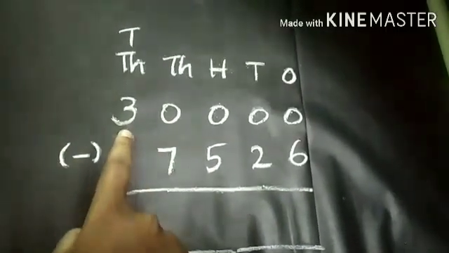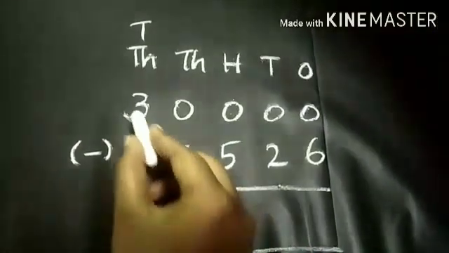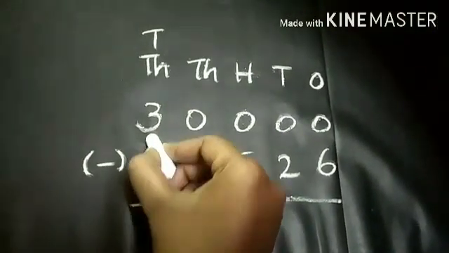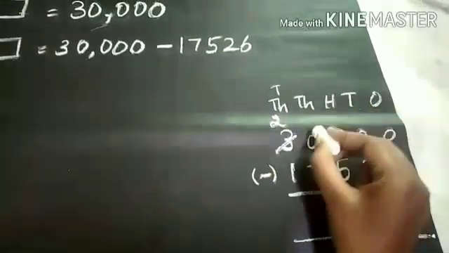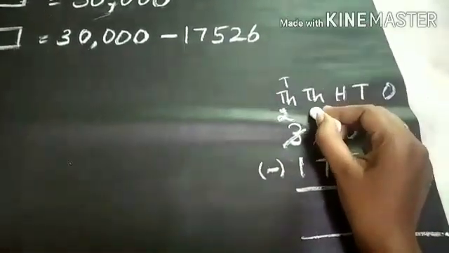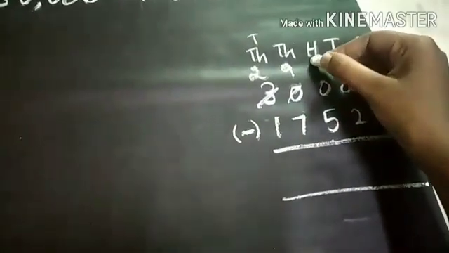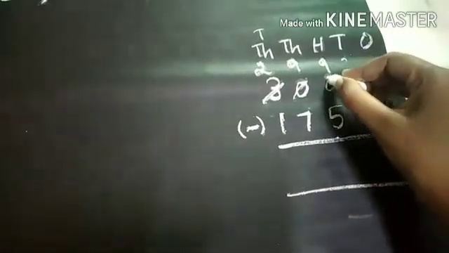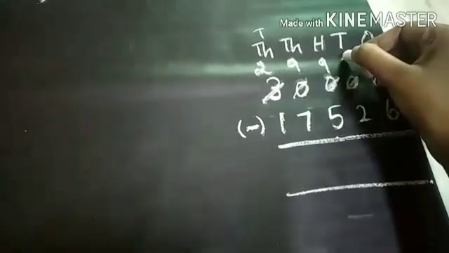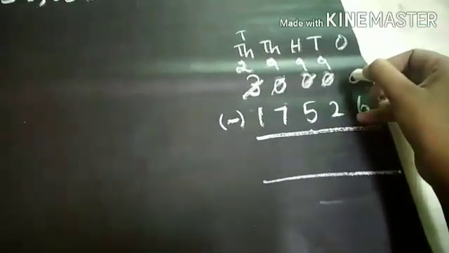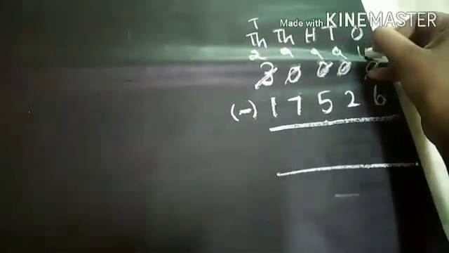If we borrow 1 from 10,000 place, 10,000 place value becomes 2. 1000 place becomes 9. Hundreds place becomes 9. Tens place becomes 9. Ones place becomes 10.